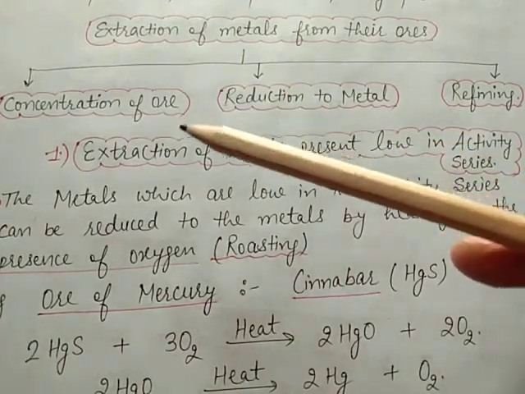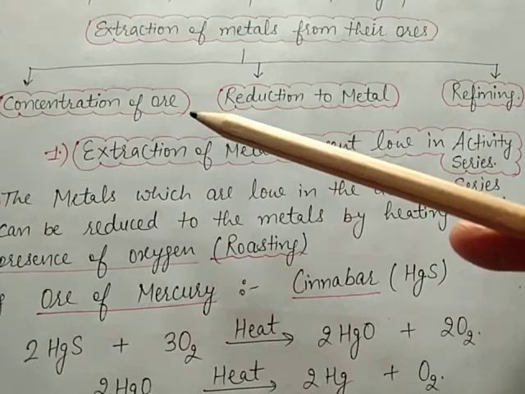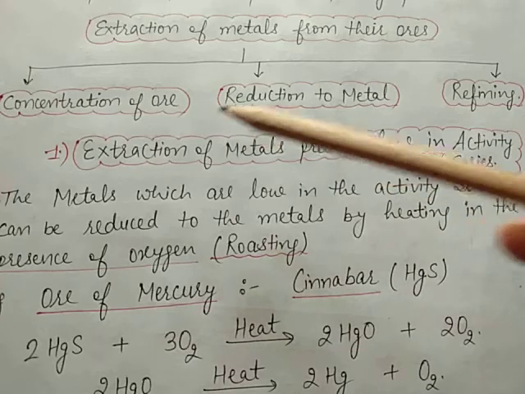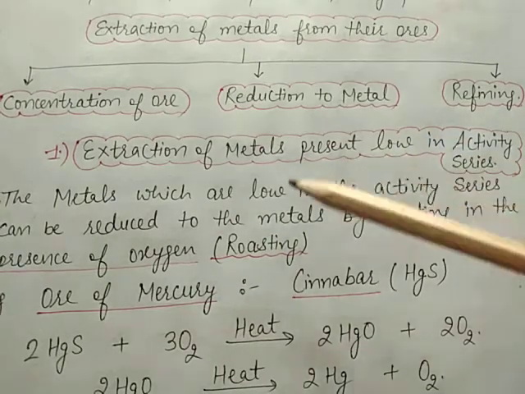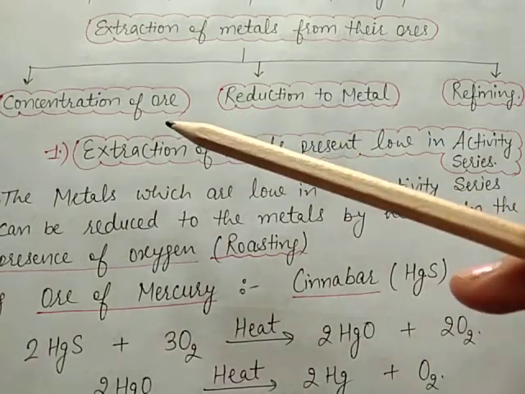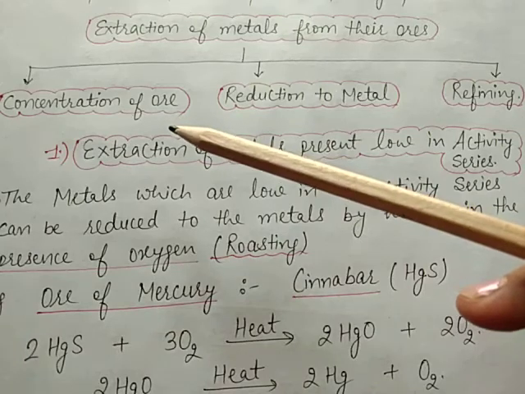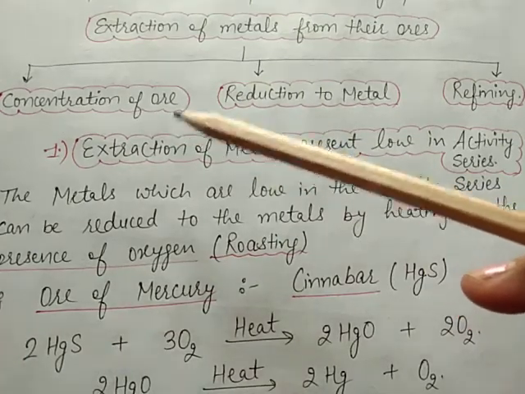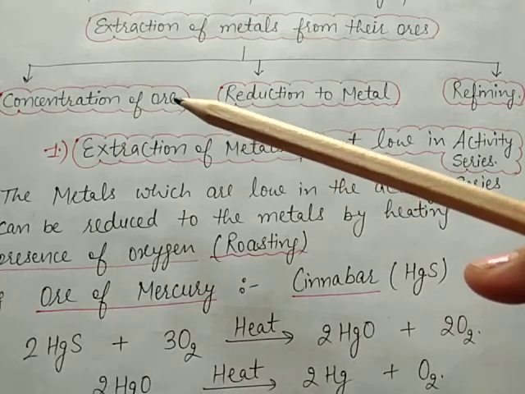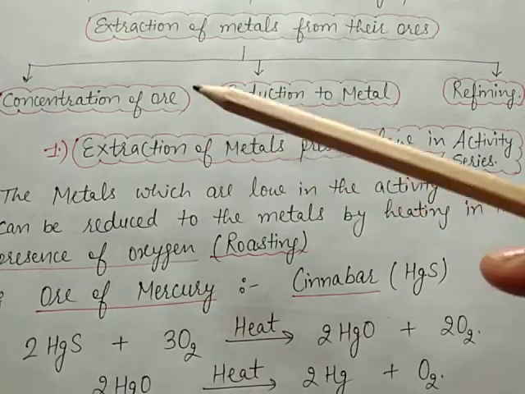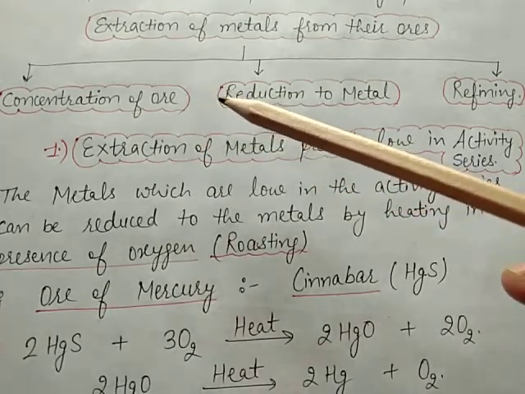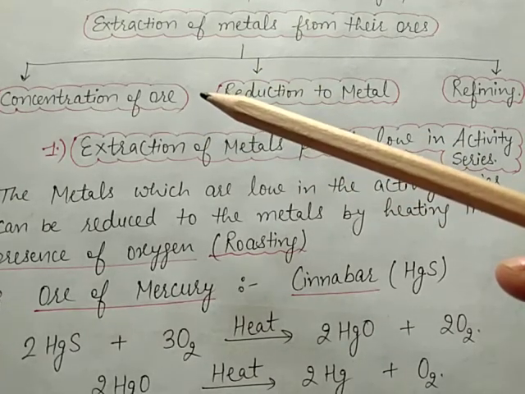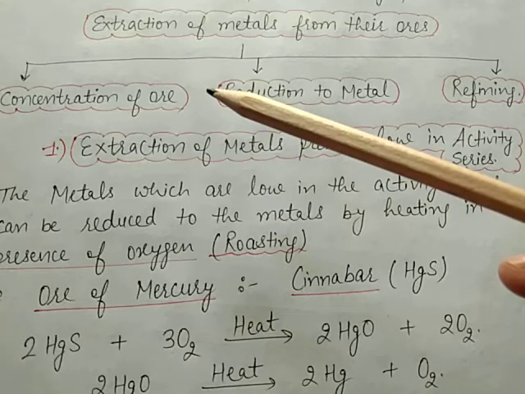Then these lumps are broken into smaller pieces with the help of a crusher. This is called a jaw crusher. These pieces are converted into fine powders with the help of either a ball mill or stamp mill. This process is called pulverization of the ores.